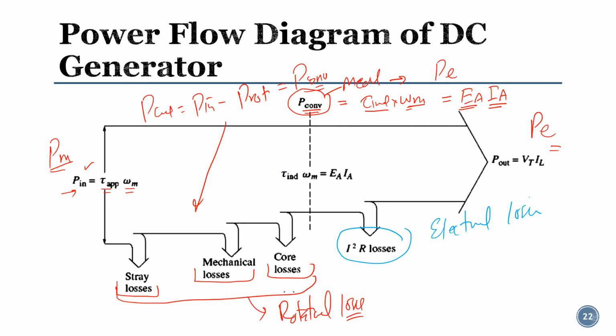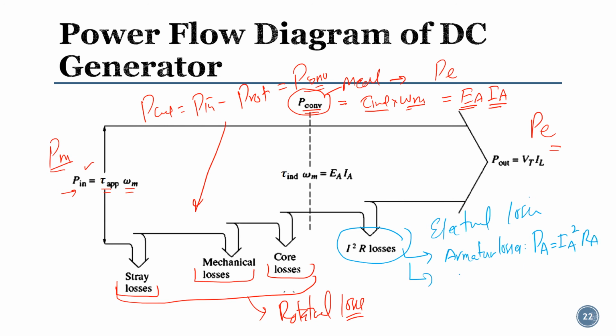What are the I squared R losses in this case? You have the armature loops, so we have the armature losses, represented by PA, equal to the armature current squared multiplied by the armature resistance.